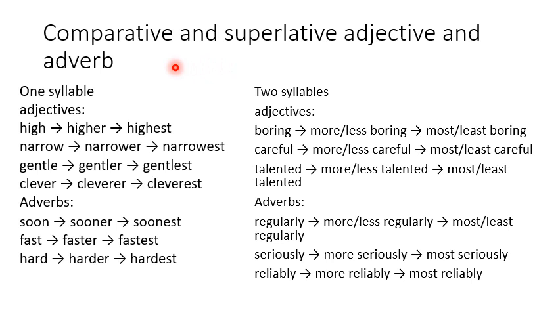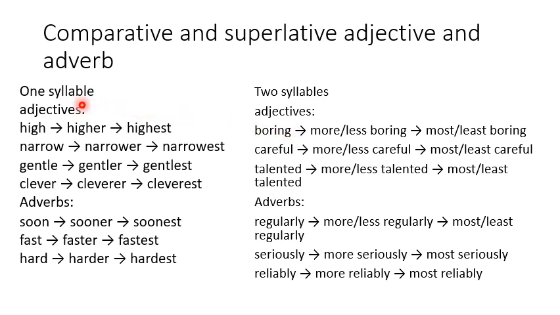First of all, we know from our previous English study that in English the adverbs and the adjectives can be one syllable, two syllables, or more than two syllables. And we can form the comparative and superlative for these kinds of adjectives and adverbs differently.